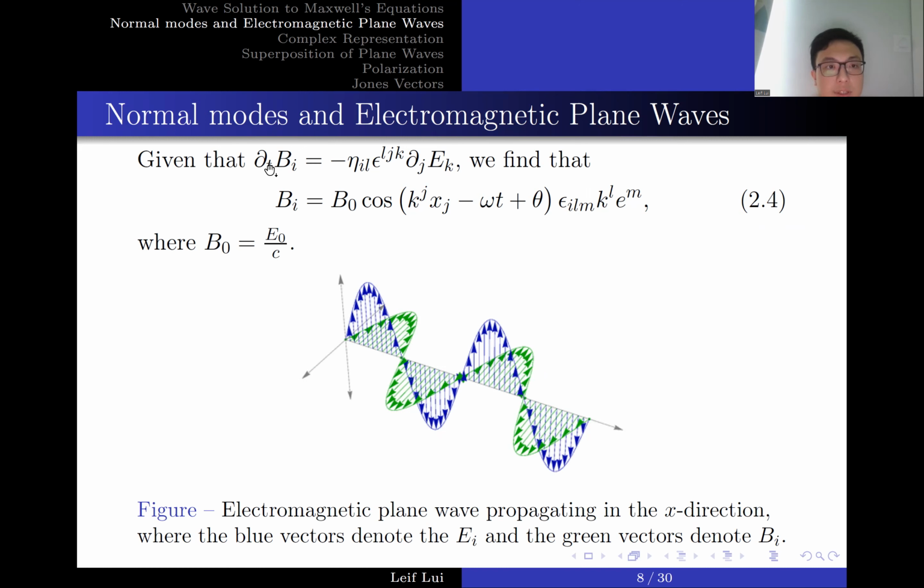So basically, given some wave solution, given the electric field, we can always find the magnetic field by taking the curl of the electric field, and then we take the time integral of both sides to yield the magnetic field. So the reason why this is also a cosine, right?